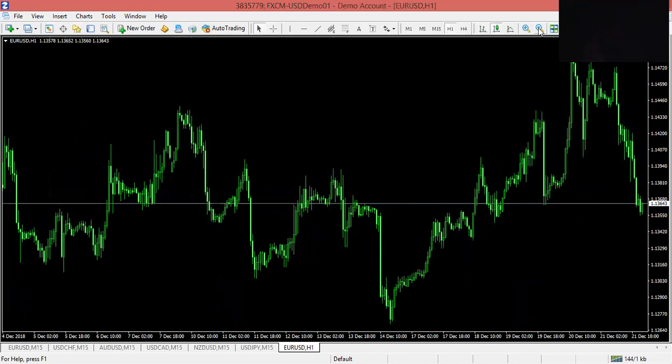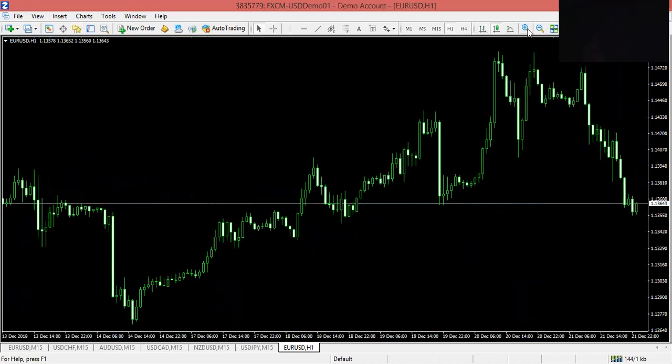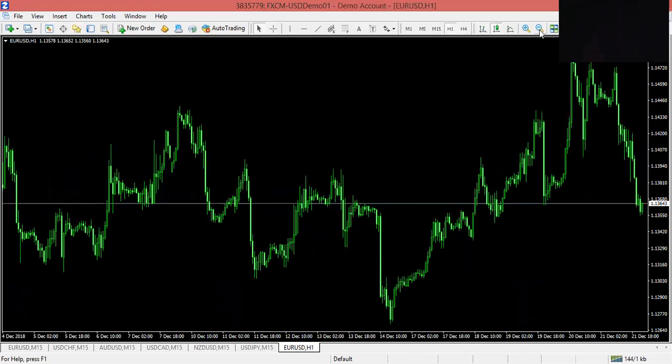But I like seeing a wider chart, so that I can draw my analysis. Then you can remember the time frames: 1 minute, 5 minutes, 1 hour. Presently I'm on the 1 hour.